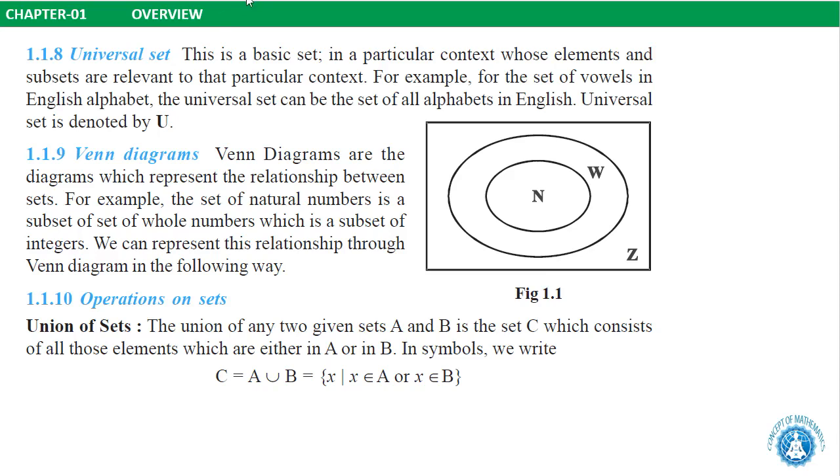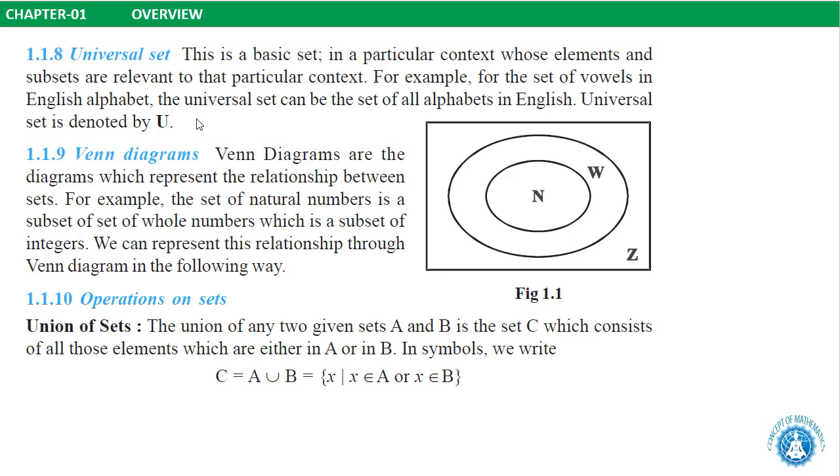It is always important to decide what is universal set when we are dealing with sets. Suppose you are talking about your class, then the whole strength of your school will be taken as universal set.